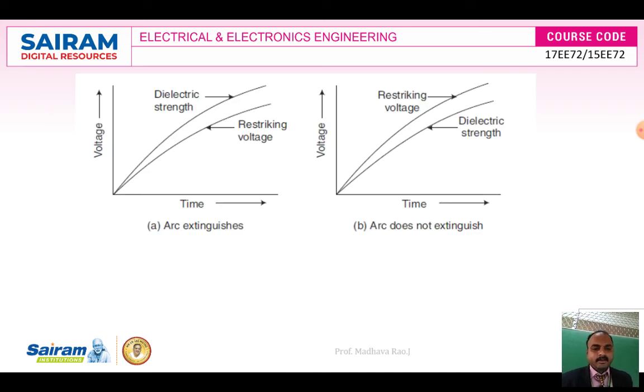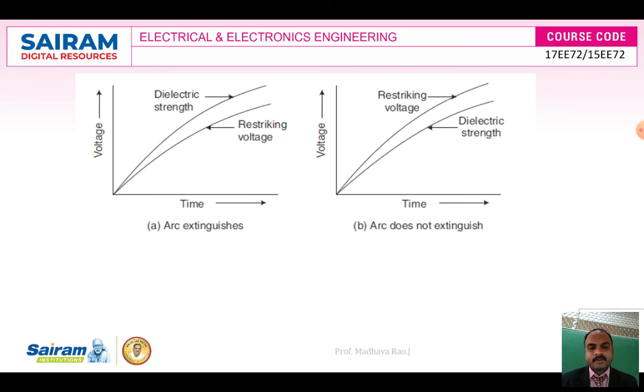These are the graphs. We can see the cases where the arc is extinguished and where the arc does not extinguish. When the arc extinguishes, the dielectric strength is more than the restriking voltage. When the arc does not extinguish, the restriking voltage magnitude is more than the dielectric strength.